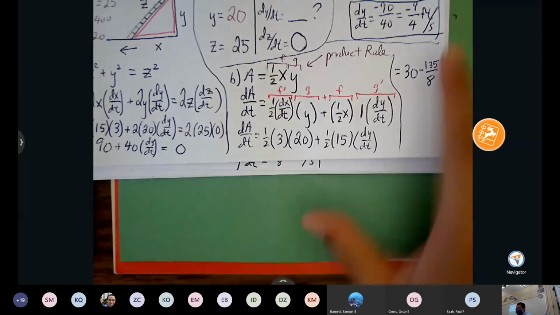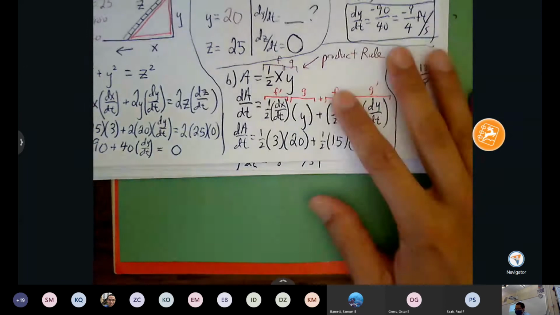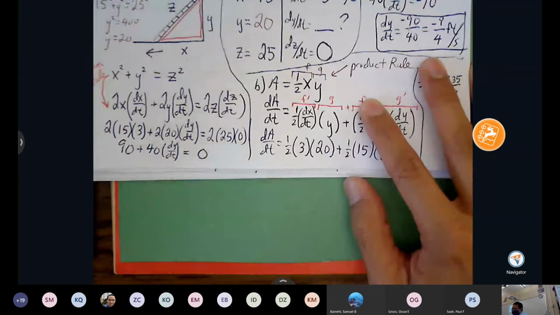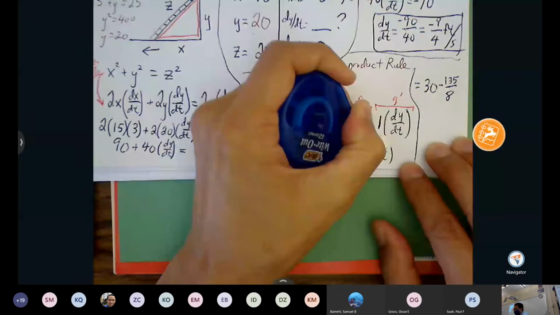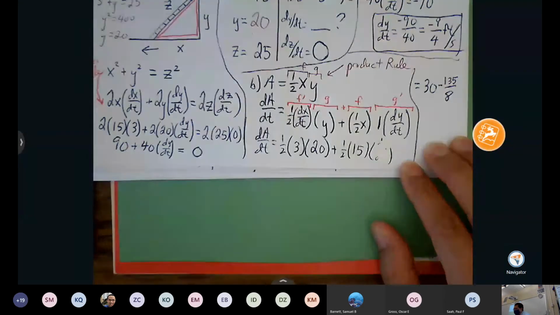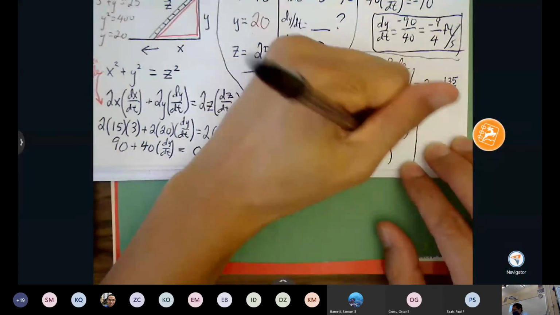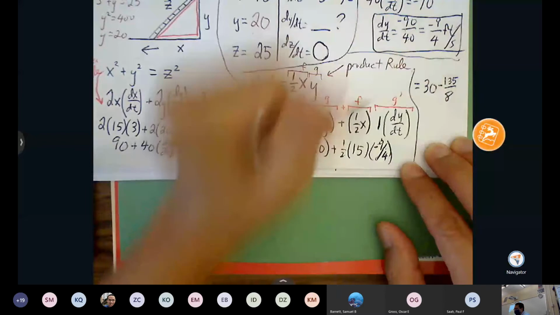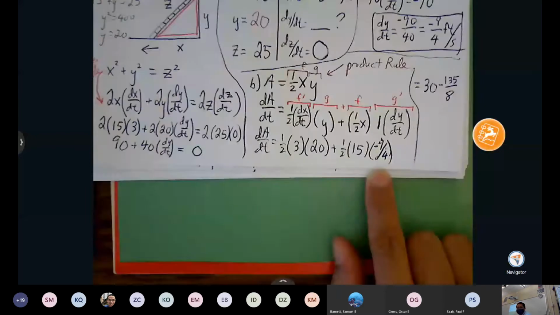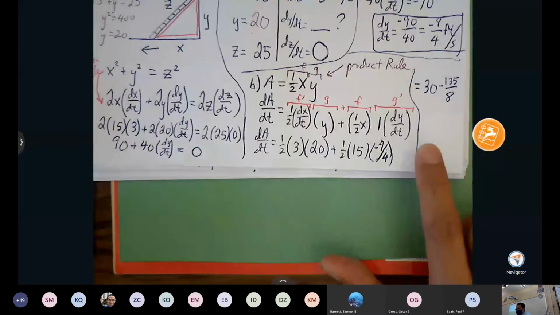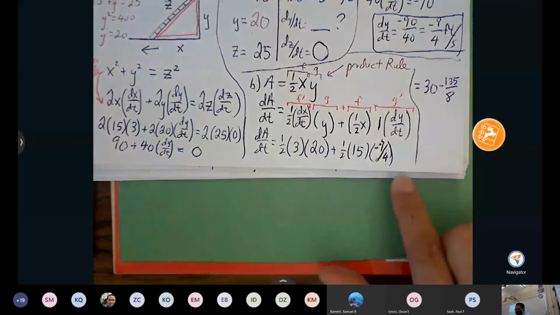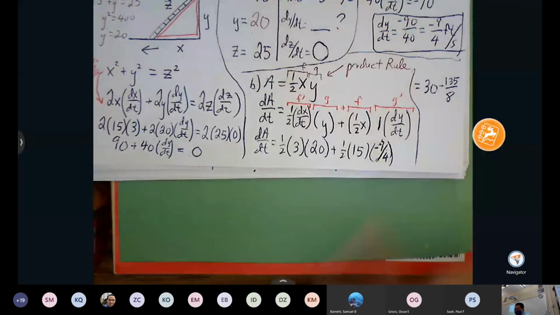Sorry, dy dt is negative 9/4, so we can fill that in. That's not unknown anymore. Okay, so 30 minus 135 over 8. In the calculator, I get 105 over 8.